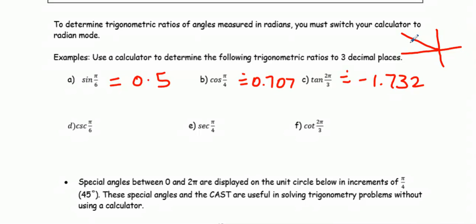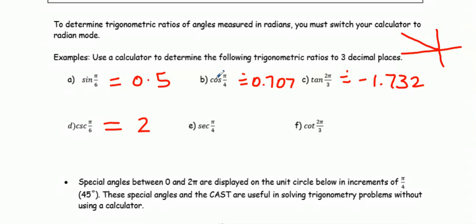CAST, only sine is positive in that quadrant, and so we're expecting that the ratio for tan is negative there, so all good. Now you might notice that cosecant of pi by 6 is the reciprocal of the sine of pi by 6. Cosecant and sine are reciprocal ratios, and so I'm just going to take the reciprocal of 1/2, which of course is 2.